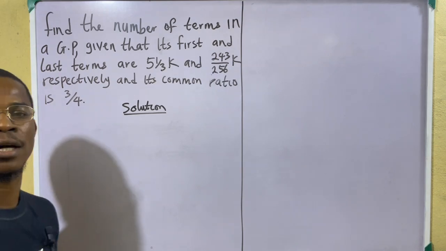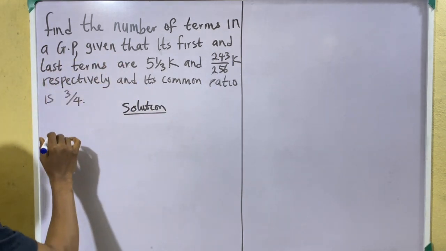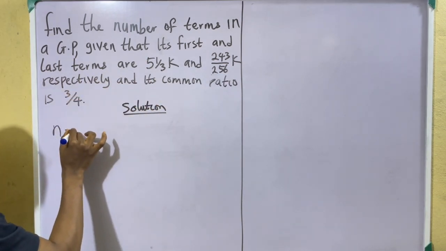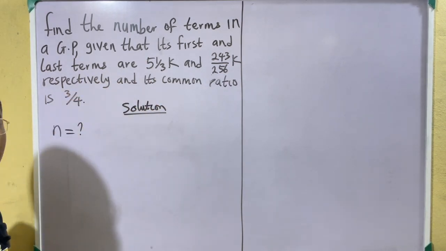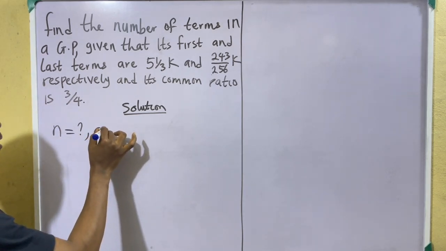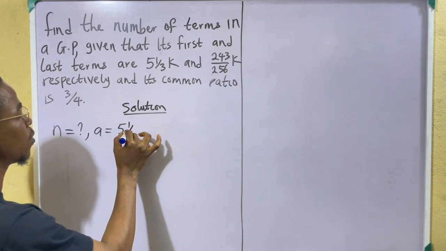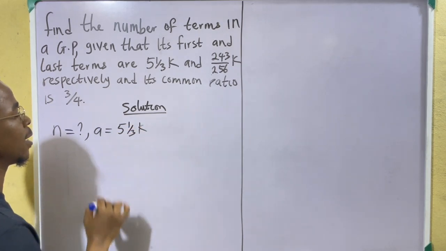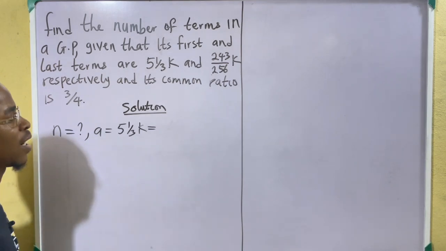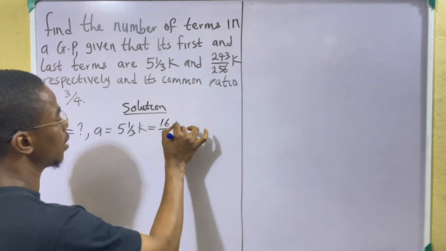First of all, let's write out the parameters that are given. They said find n, that's the number of terms in the GP. So n is unknown. They said given that the first term, which is a, is equal to 5 whole number 1 over 3k. And this can be converted to a common fraction as 16 over 3k.